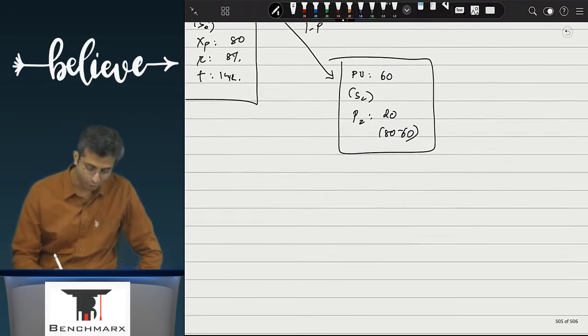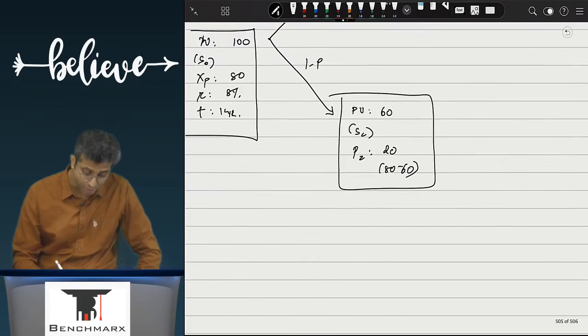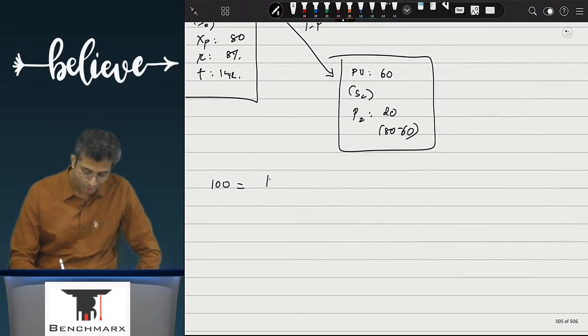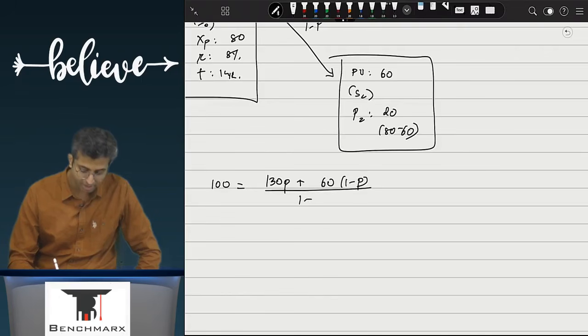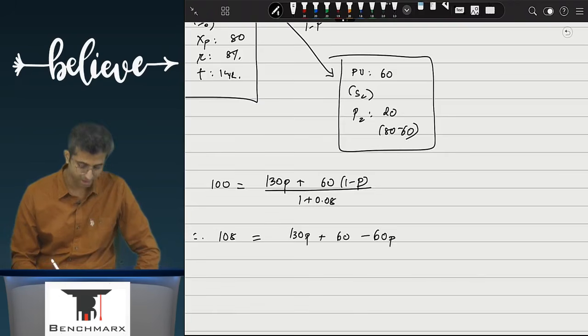So if I want to find the probability, I can say that the value today, that is 100, equals the present value of future cash flows. That is 130p plus 60 into 1 minus p, the entire term divided by 1 plus 0.08. Therefore 100 into 1.08, that is 108, equals 130p plus 60 minus 60p.